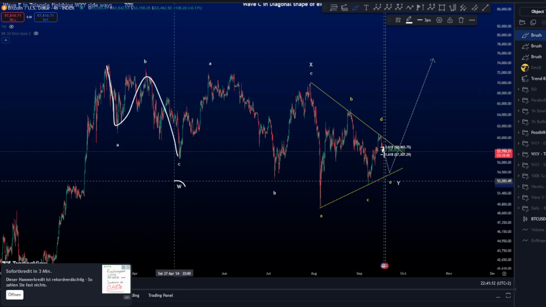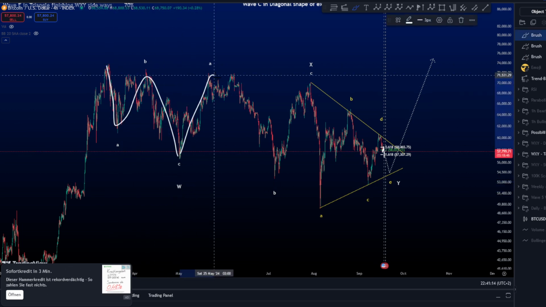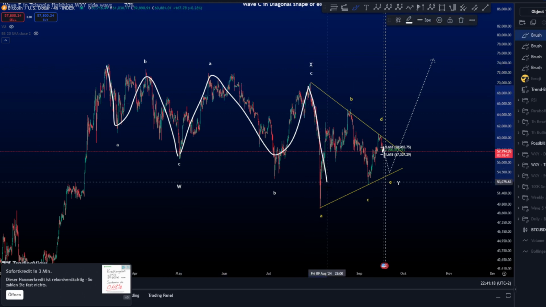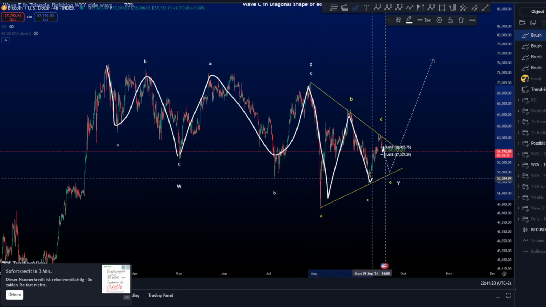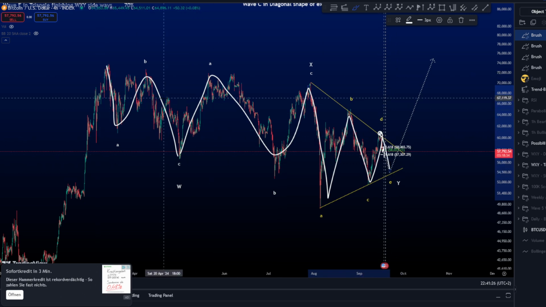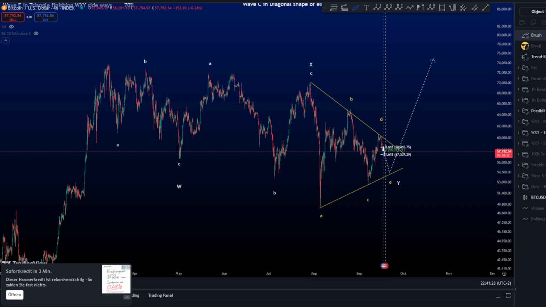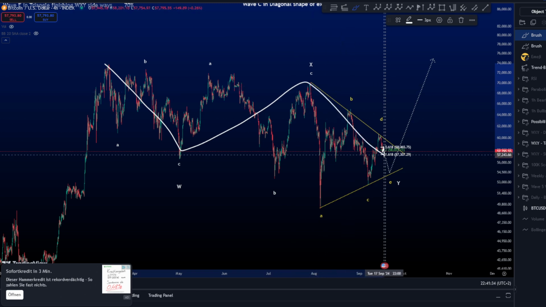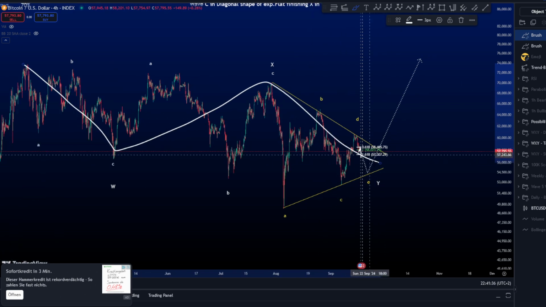ABC finished for W, and then we have another ABC finished for X, and now we are looking at a triangle, right? Finishing wave D and looking for a wave E to finish this WXY. Your WXY is then finally represented in 3 waves, like that, once we hit the final wave E for the wave Y.